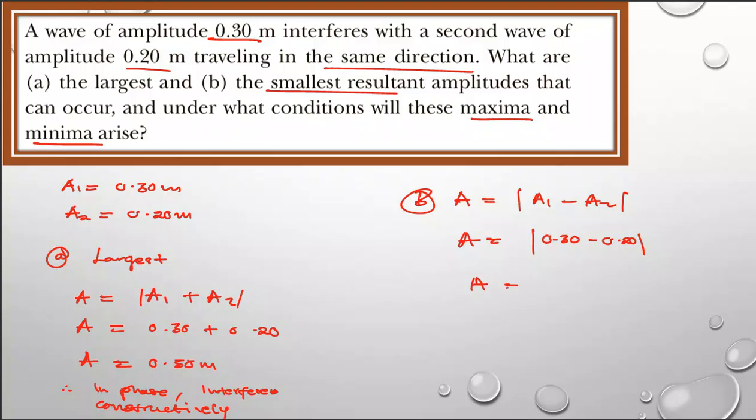We are going to have the amplitude, which is going to be equal to 0.10 meters. Okay, that is the amplitude. Under what conditions? When two waves are out of phase, or you say when two waves interfere destructively, when destructive interference occurs.